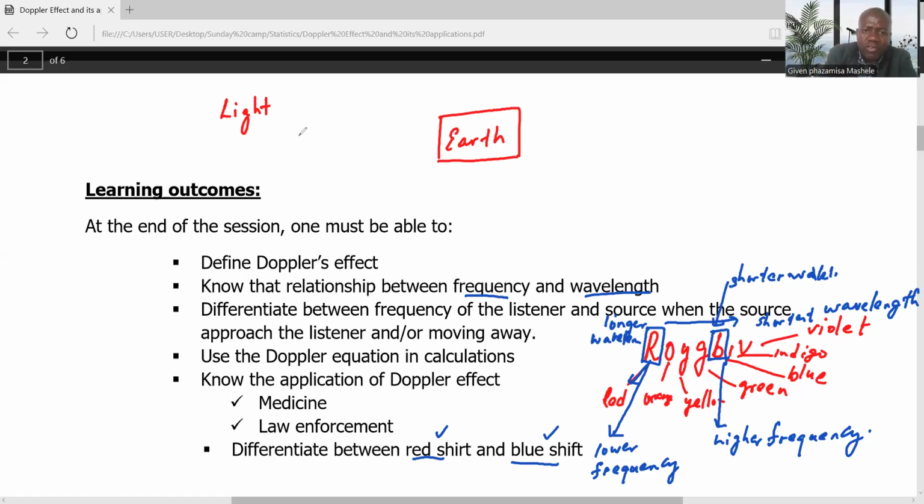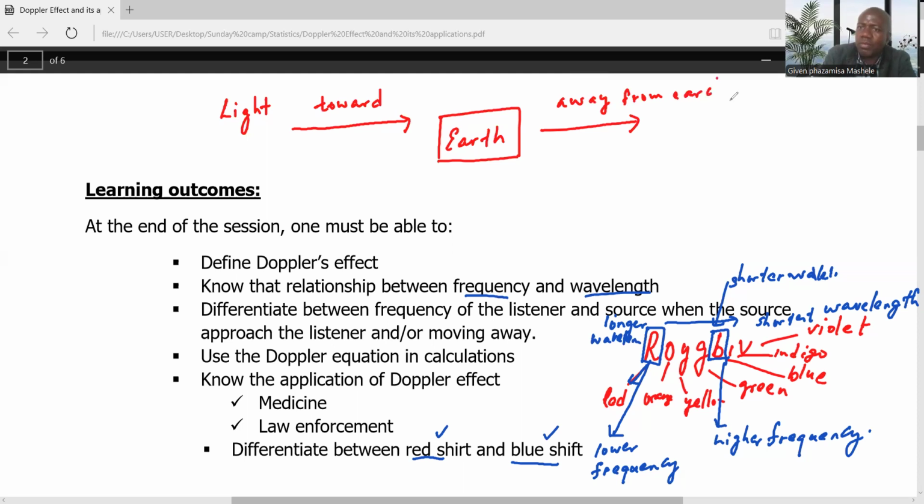If this light tends to move towards Earth, and also if the light is moving away from Earth.